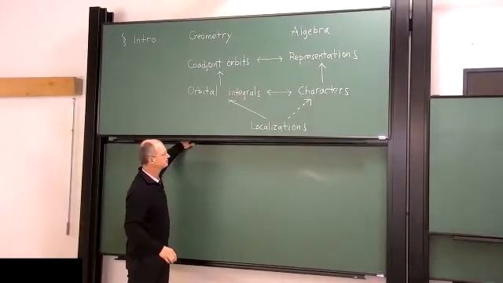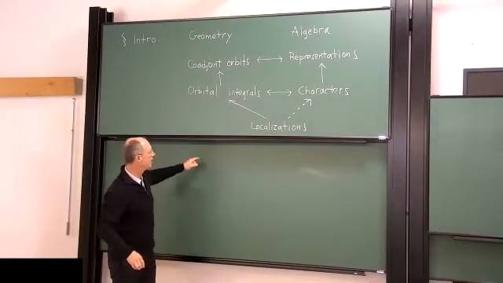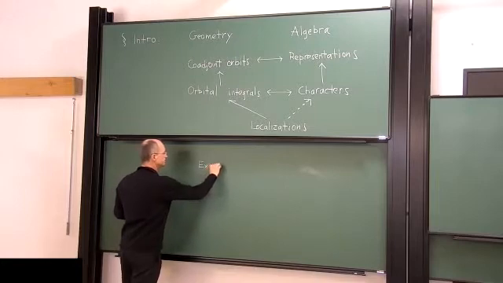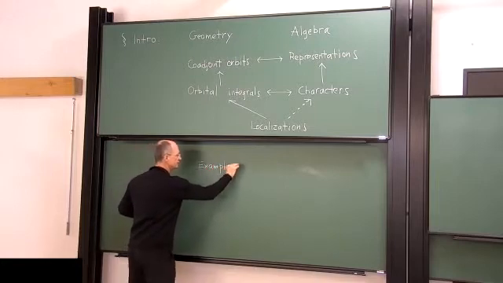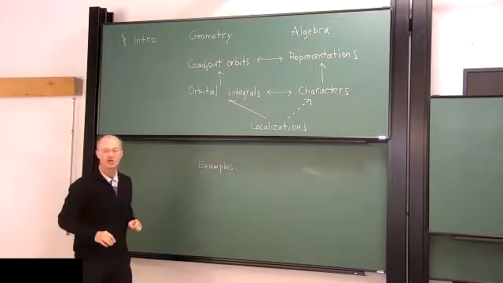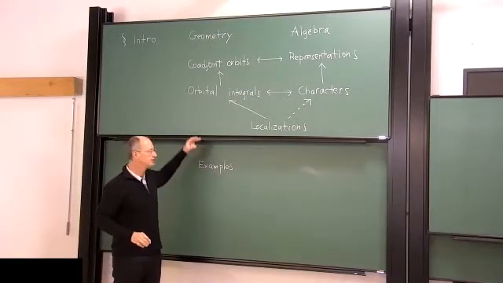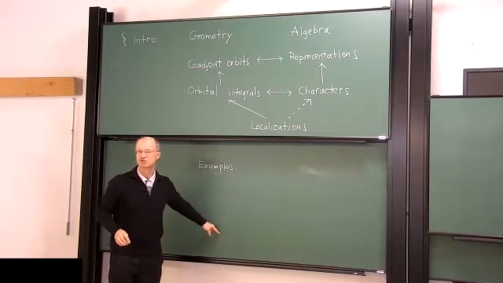Now let me add to it, perhaps just to orient ourselves, the list of examples that we'll be focusing on, and may have your feedback here. It's still okay on this board.